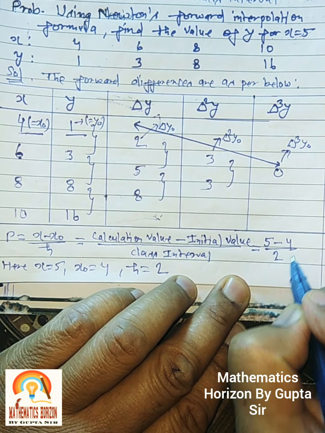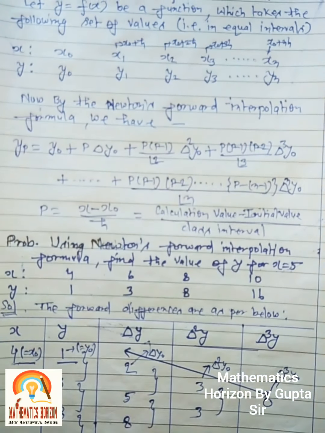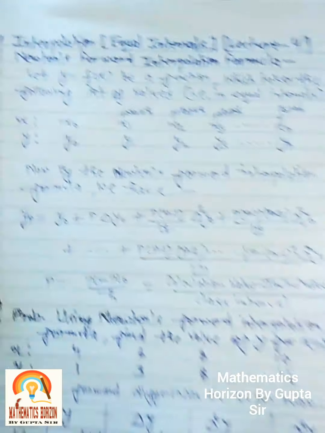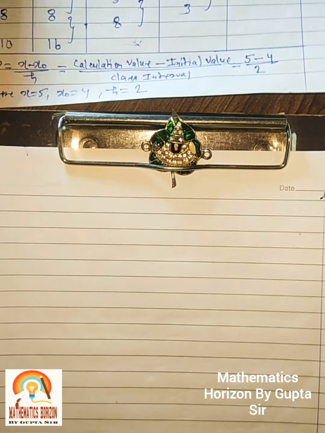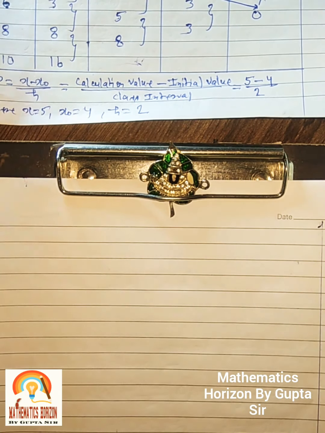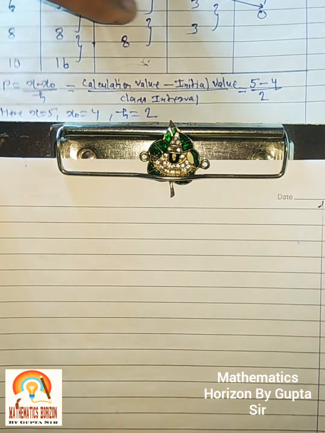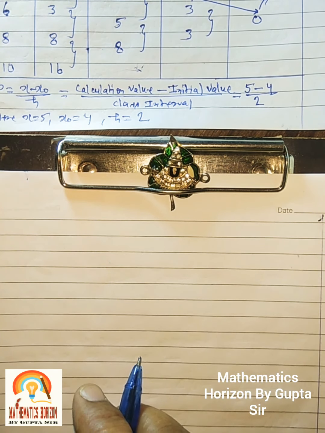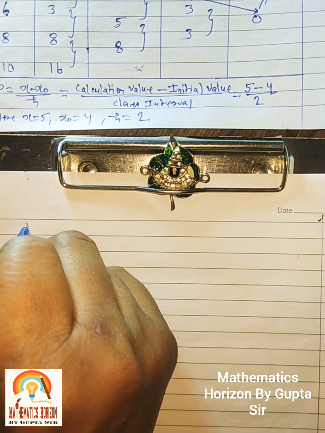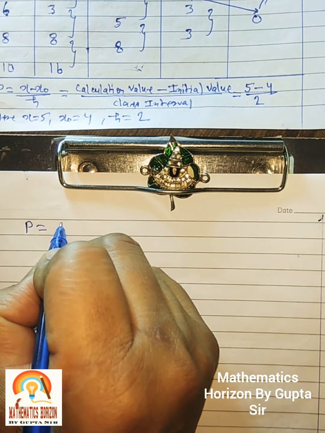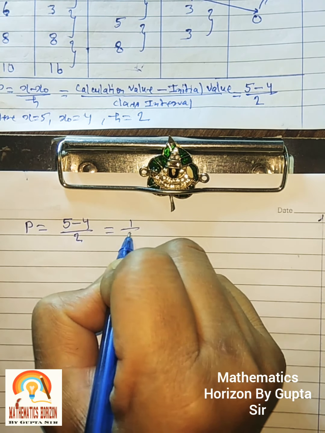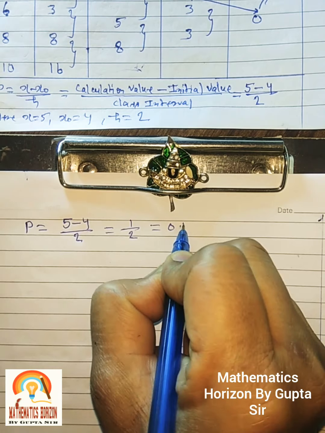That is, p equal to 5 minus 4 upon 2, that is 1 upon 2, that is 0.5.